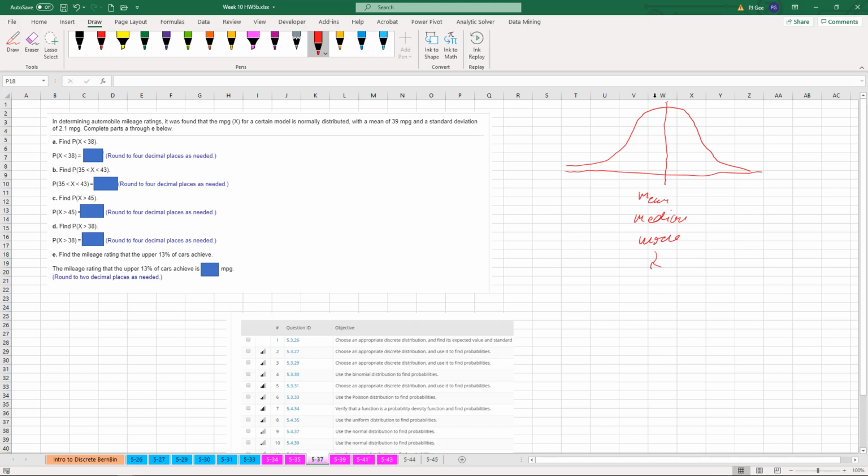Now think of the range. Your low point and your high point are going to be pretty close to the same distance from the mean. If this is distance A, this is also going to be distance A. Your range isn't going to be very lopsided.